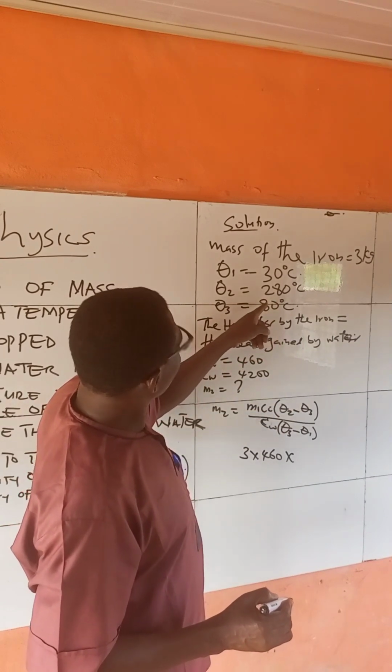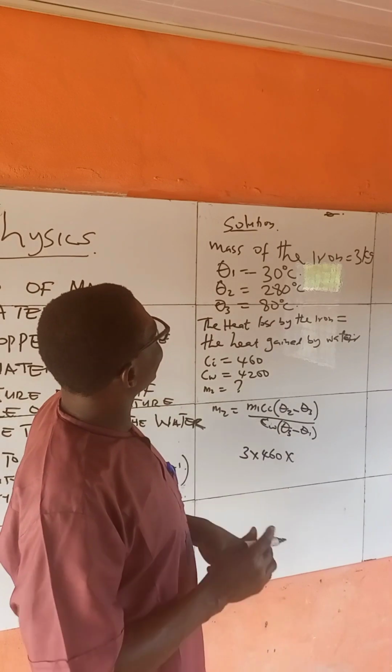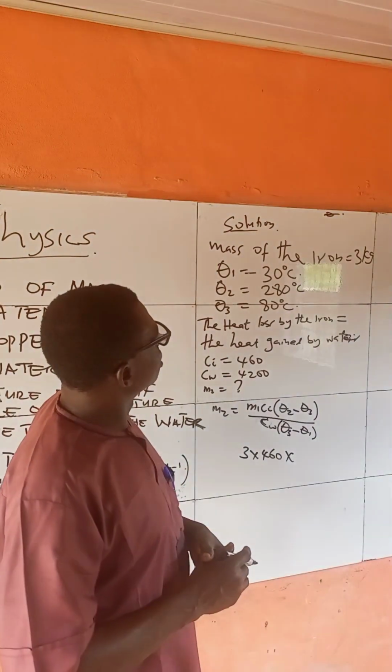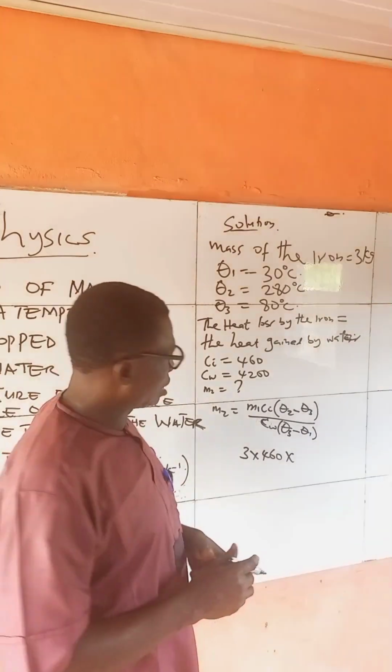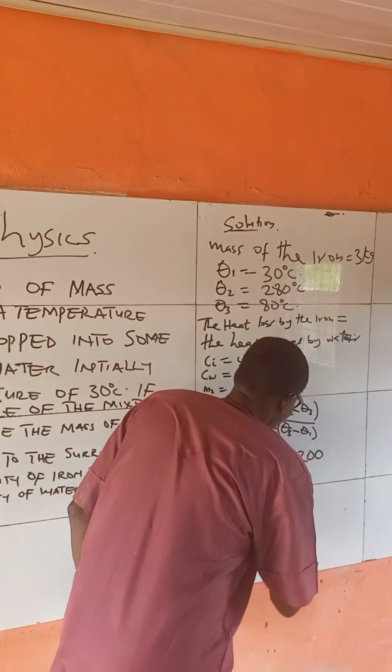Theta 2 is 280 and theta 3 is 80, so 280 minus 80 gives 200.